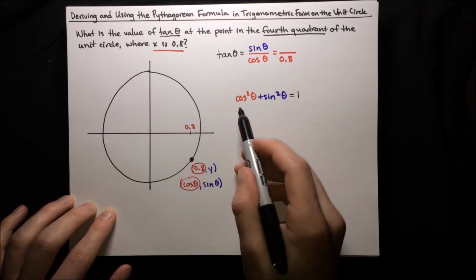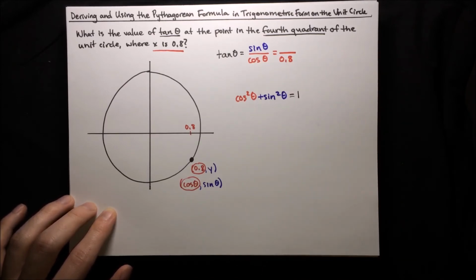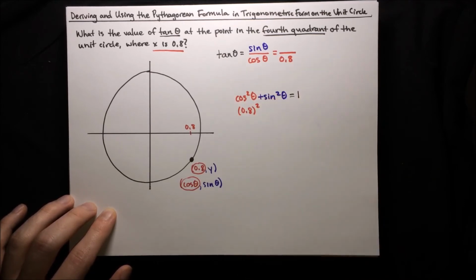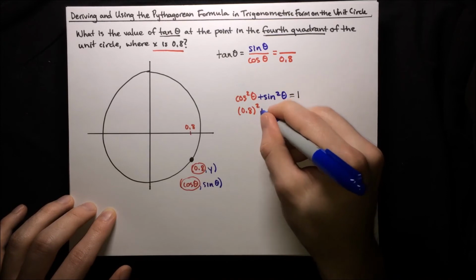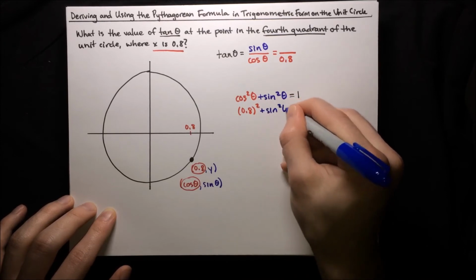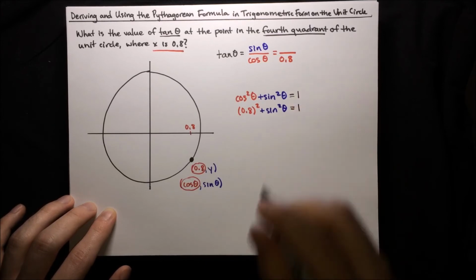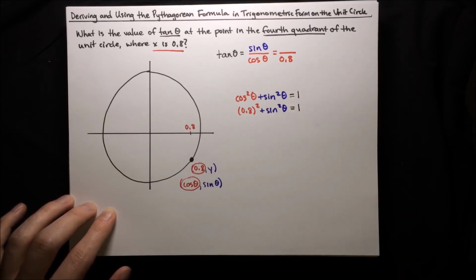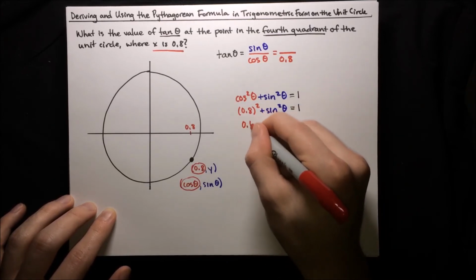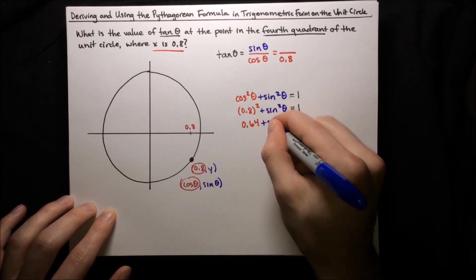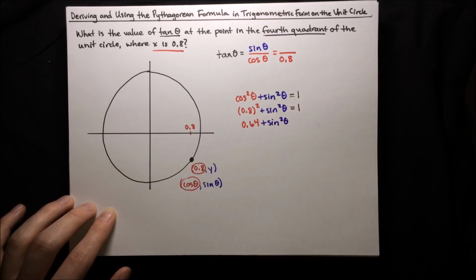And we know that cos theta is 0.8, so we can plug that in. 0.8 squared plus sine squared theta equals 1. And we can compute 0.8 squared is just 0.64. So 0.64 plus sine squared theta equals 1.